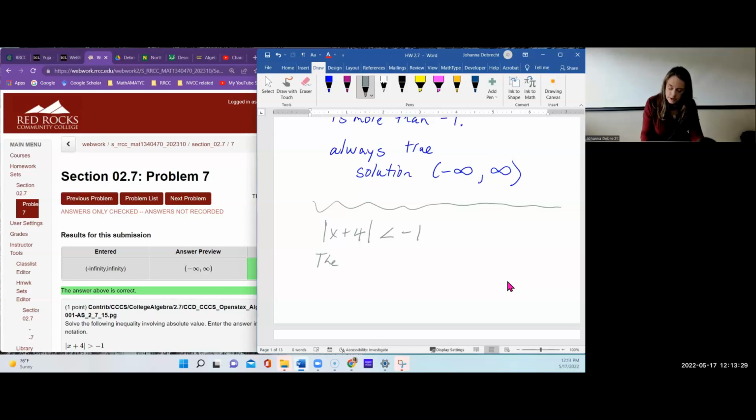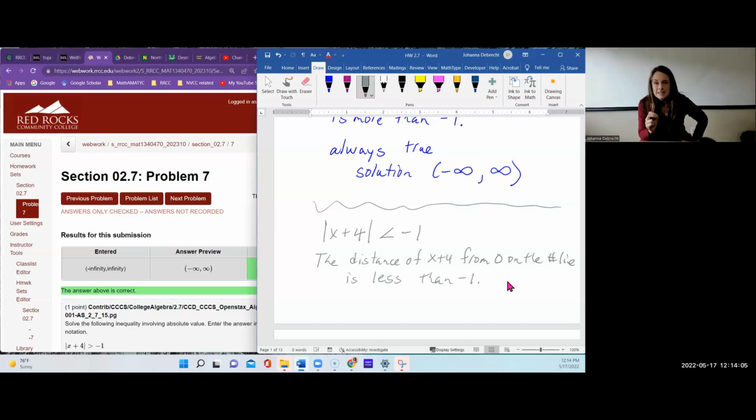This would be interpreted as the distance of x plus 4 from 0 on the number line is less than -1. Ooh. It just doesn't sound good when you replace the absolute value with the distance. It automatically kicks up your subconscious saying, wait a minute, something's not right.